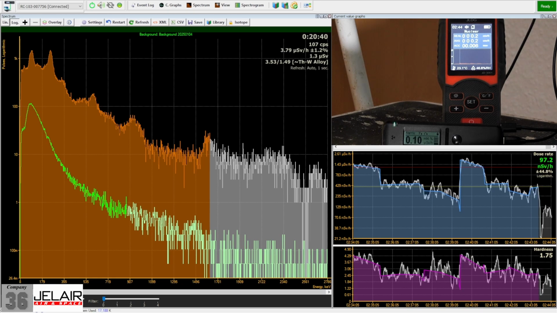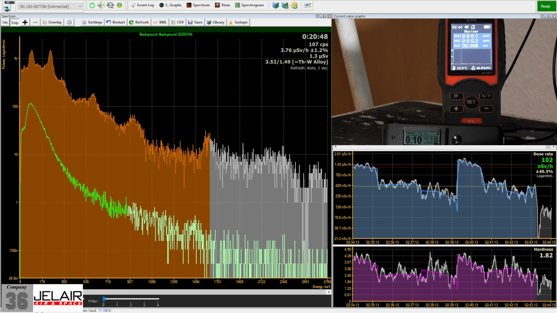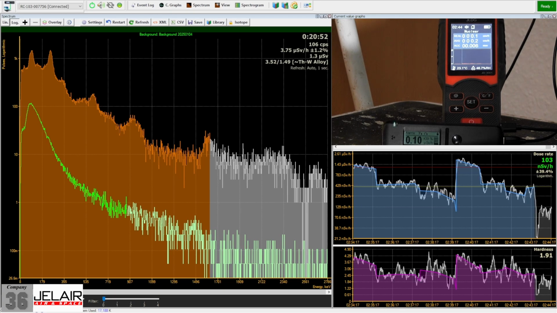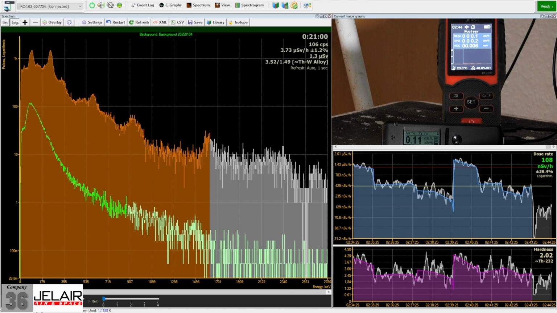The default background radiation level in this location is generally about 0.07, 0.08, 0.09. So the levels you can see now are the basic base level.